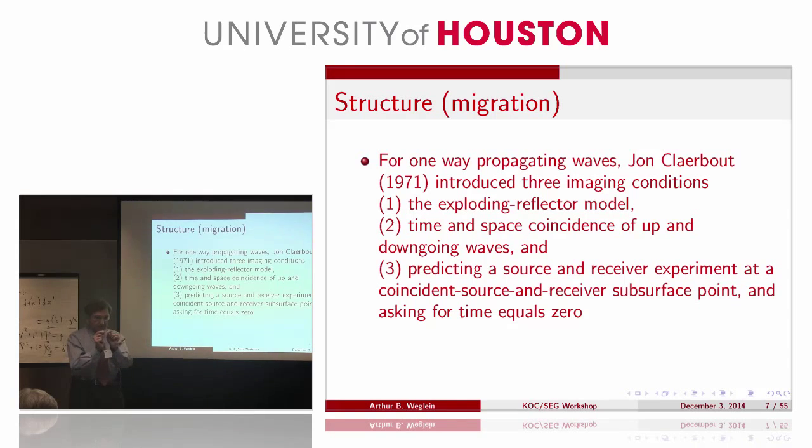In other words, if you have a source and receiver that are proximal at a point in the Earth, and you ask for t equals 0, and then you separate them, you'll get zero, so it needs some time. But that's a singular function. It only lives, being very rough here, at one point, where xh is 0 and t equals 0.